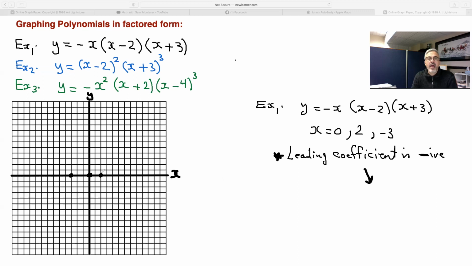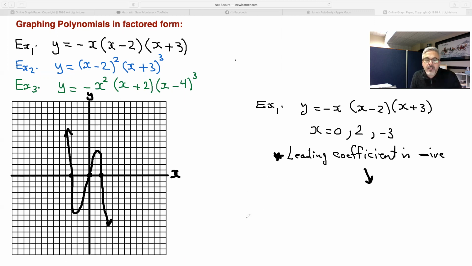So I go to my zero on the far right, and since it's negative, I say, okay, this is going down right here. Then you go up, you don't know how much and you don't have to worry about that, and you go through this zero and through that zero. And this graph is finished.